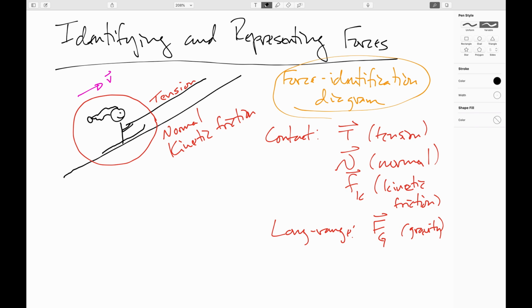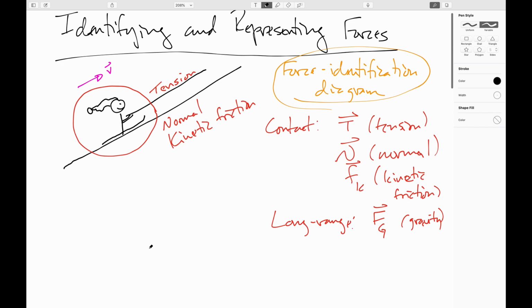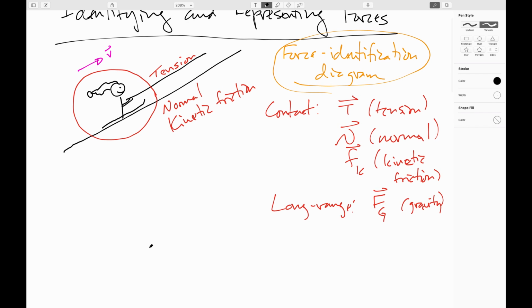All right, so once we've identified all of our forces, the next step to think about how the forces will act on the system is to draw what's called a free body diagram. I've already alluded to this earlier, but it's worth doing again here.